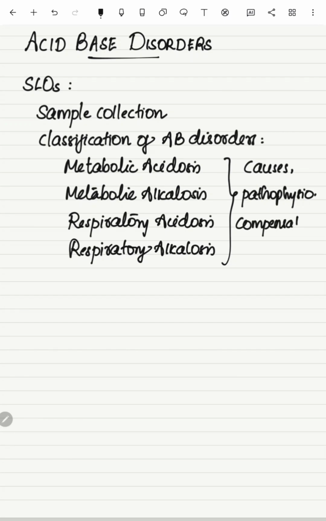When we discuss metabolic acidosis, we will be learning about anion gap and its normal reference range. Then we will be explaining the importance of anion gap in evaluation of metabolic acidosis.